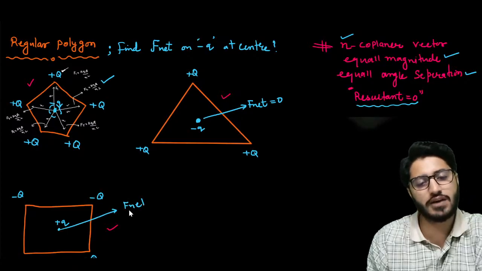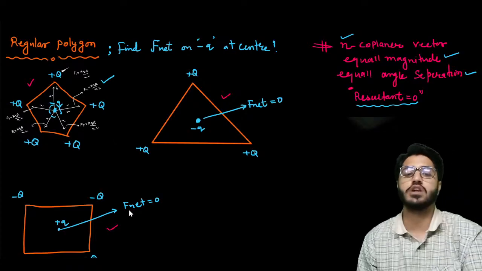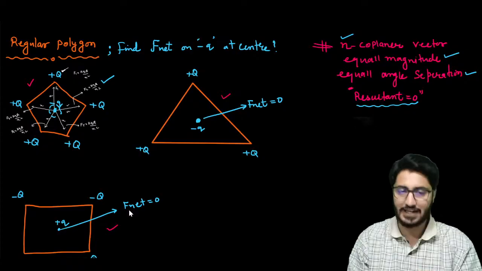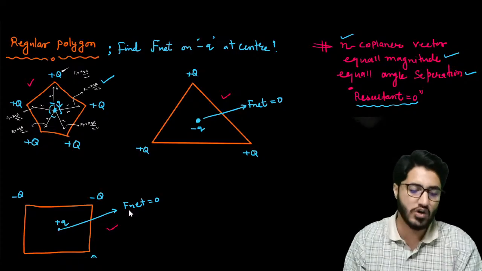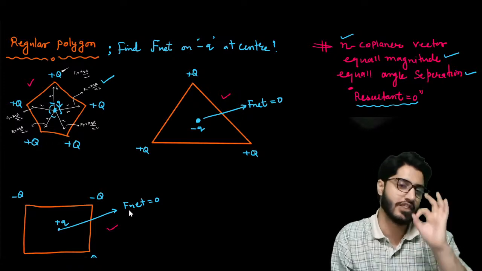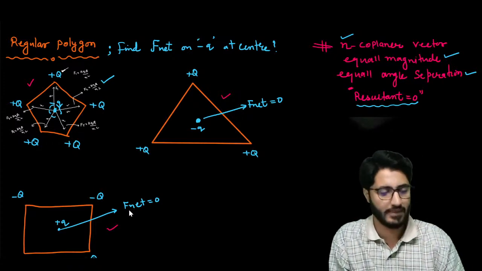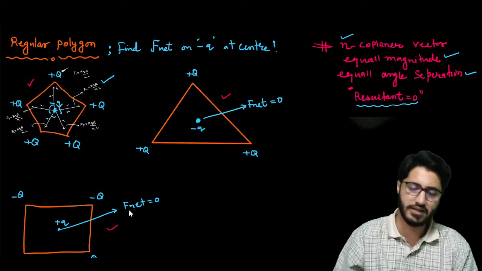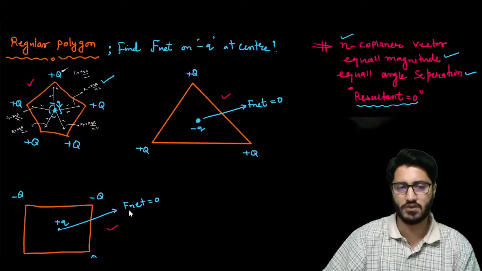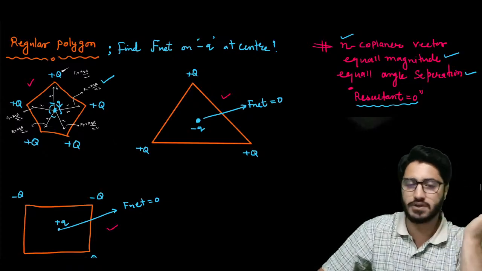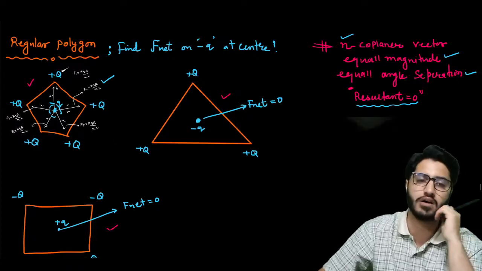So in a regular polygon case, if you have to find the net force at the center, it will always be 0. Shunya. 0. Okay. This is a very important property, no? You will find some PYQs based on this particular property.